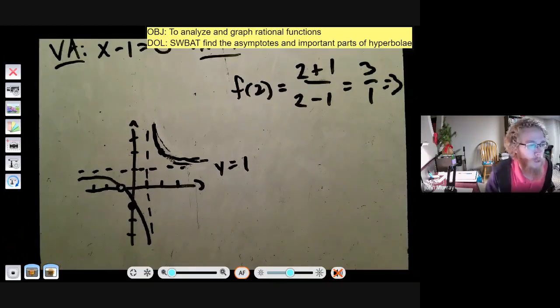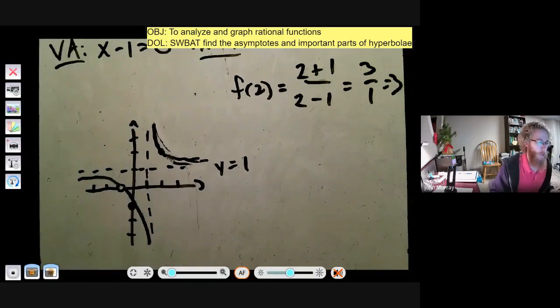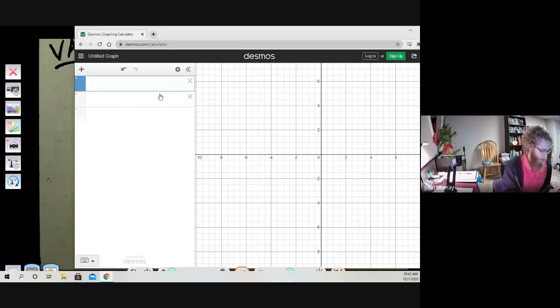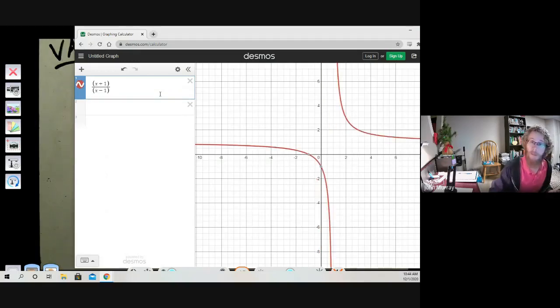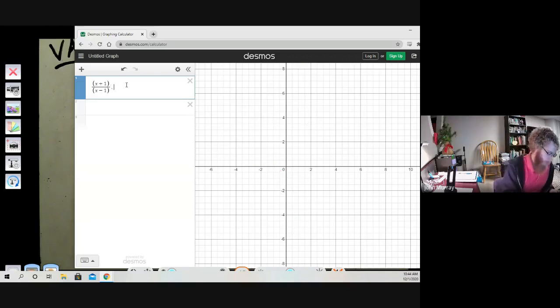And then just for consistency, I want to check it out on the calculator. So I'm going to type in both equations. First I'm going to type in x plus 1 divided by x minus 1. All right, and that looks pretty close to what we had. And if you hover over here, it doesn't show the removable discontinuity because this is the simplified version.